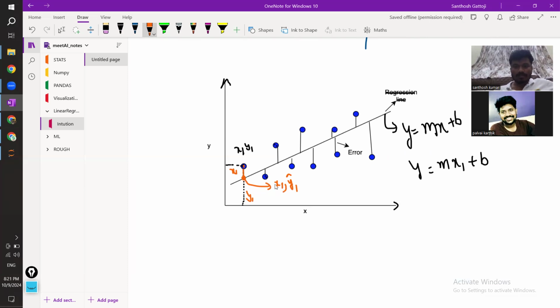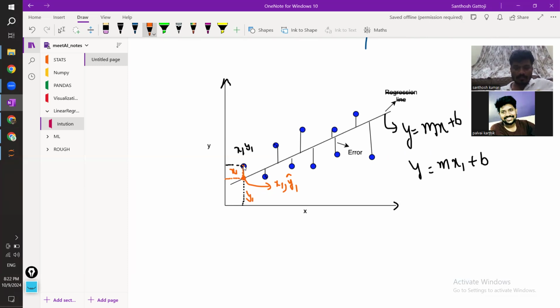Over here, the x distance from the y-axis is the same, x1 only, because you are directly projecting that point on the line. But the y distance has decreased.